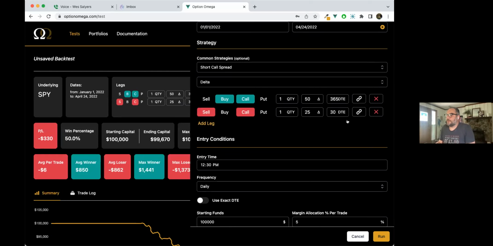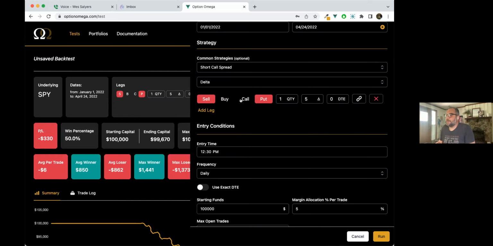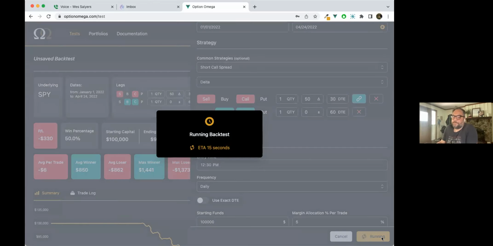You can also calendarize it. So you could say, I want to sell a 50 delta call 30 days out, and I want to buy the same strike price 60 days out. So you can calendarize it and see what happens there.